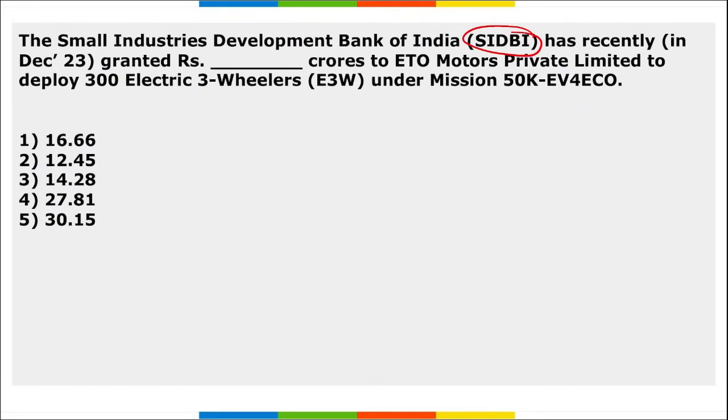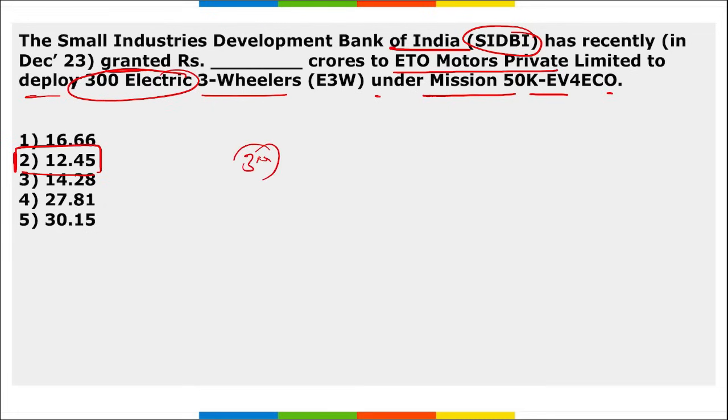Next, SIDBI, they have recently granted how much amount to ETO Motors Private Limited to deploy 300 three-wheeler electric vehicles under the mission 50K EV 4ECO? So recently SIDBI granted 12.45 crore rupees to ETO Motors Private Limited to deploy 300 units of three-wheeler electric vehicles under this mission 50K EV 4ECO.